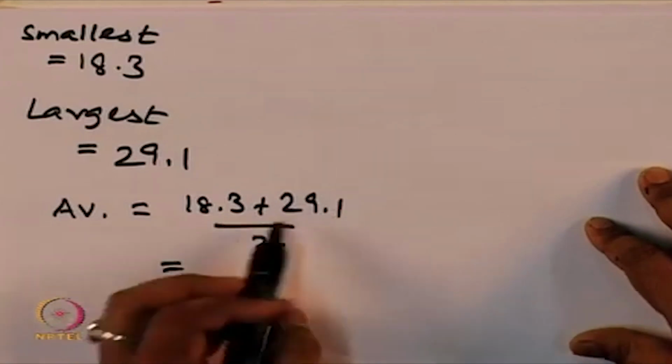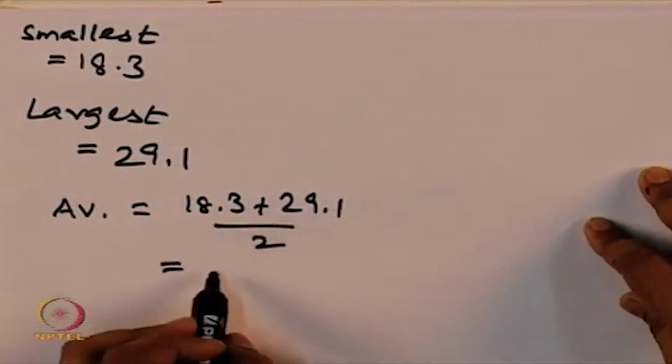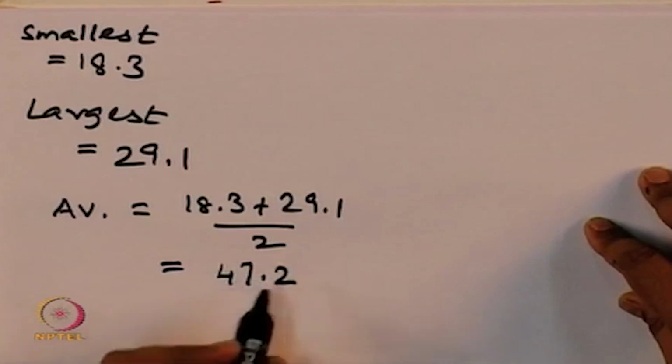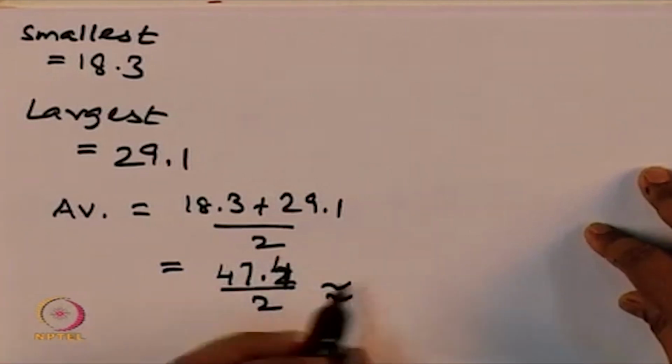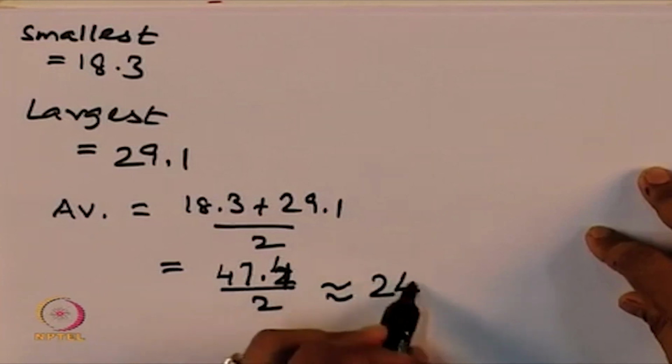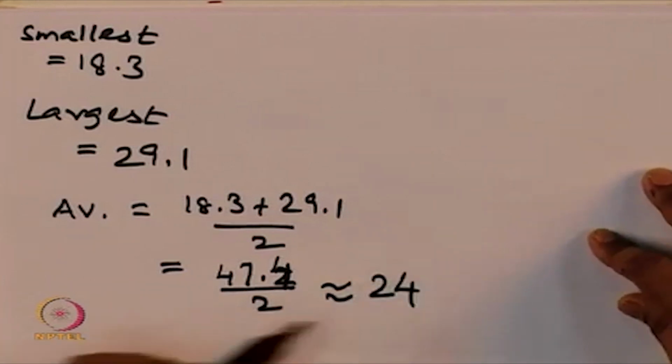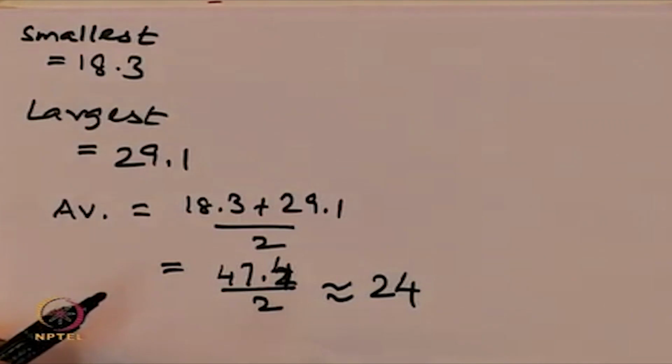2. So, 29 and 18 is 47, 47.4 by 2 is roughly equal to 48. So, it is 24. So, your average is roughly 24. So, you can then add it up.